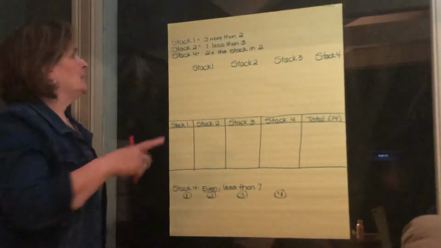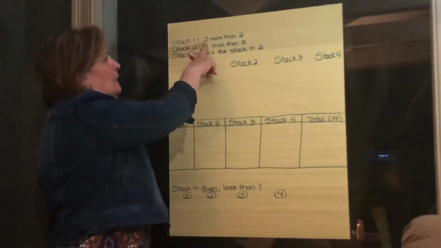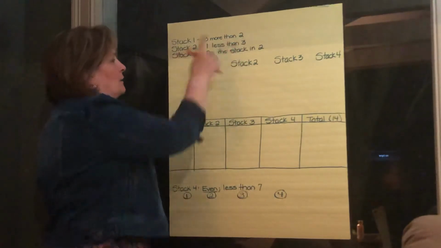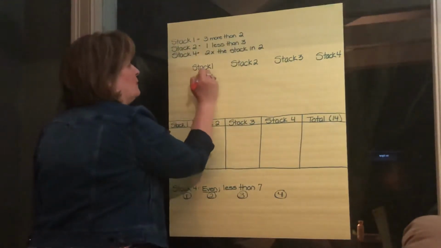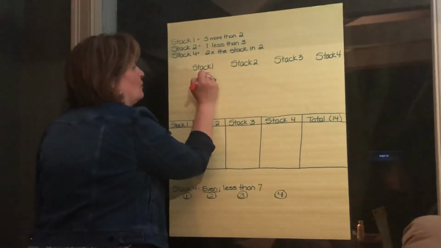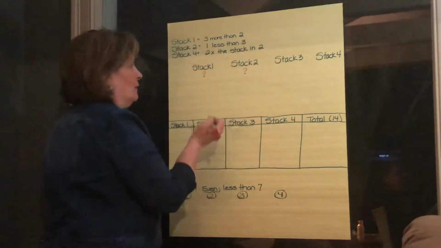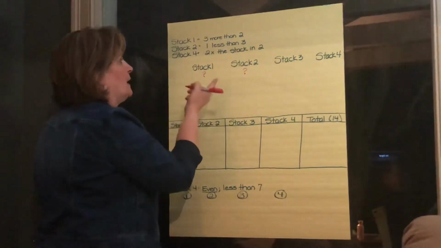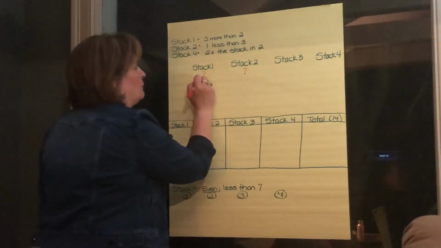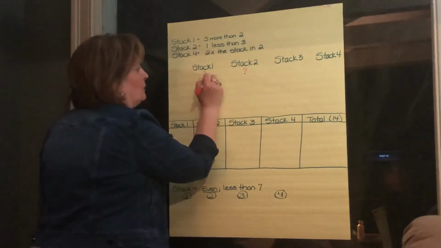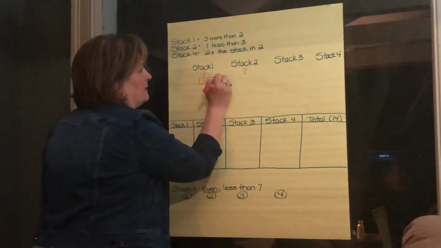So I looked at this and I said, stack 1 has 3 more than stack 2. So I made stack 2 the question mark, because that's what we didn't know. But I also knew that stack 1 was going to have 3 more blocks, so I put the 3 blocks in.